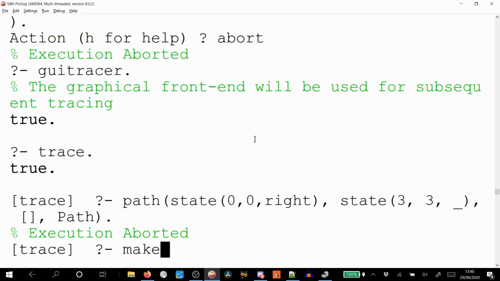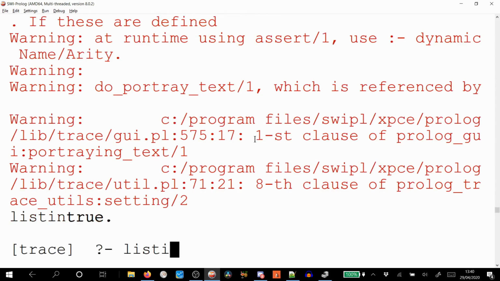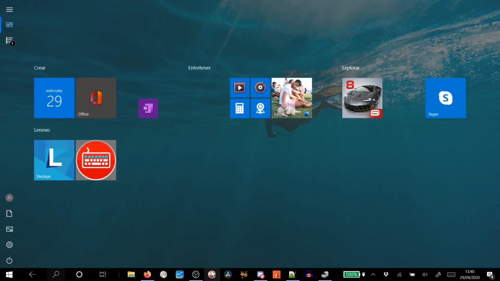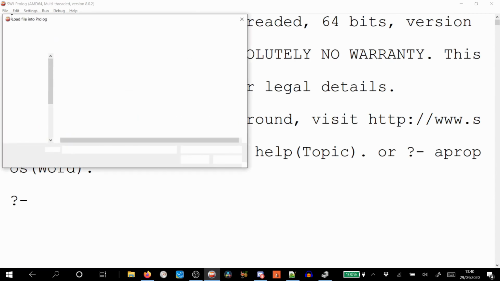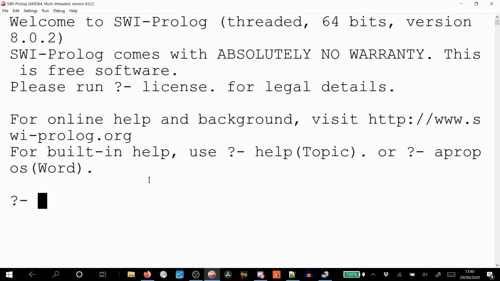And now make a listing. Sorry, I'm going to open Prolog again. And now File, Consult, missionary. Okay, let's make a listing of the new path.